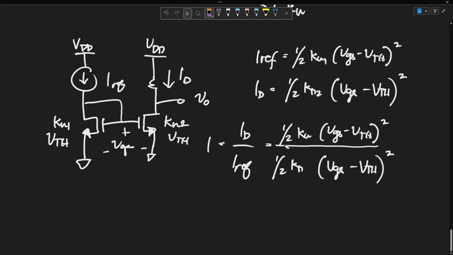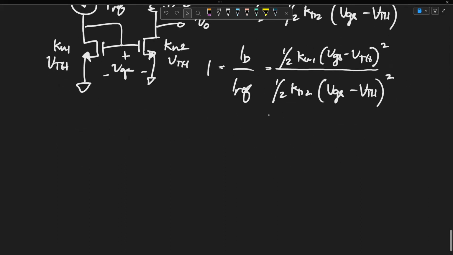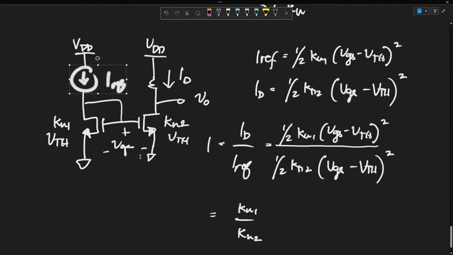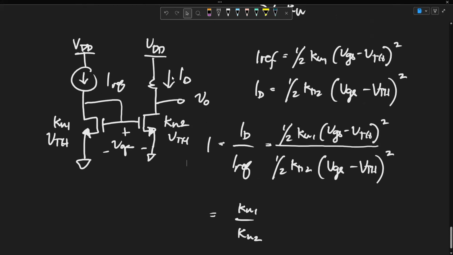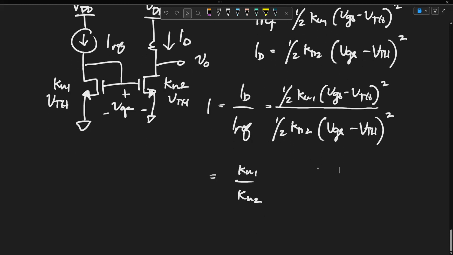Tapos switch natin yung 1 and 2. And we get this, no? So of course, magka-cancel yan, no? The ratio of the output current versus the input current is exactly Kn1 over Kn2, no? Which means that if this were sister MOSFETs, this would be an actual current mirror, no?